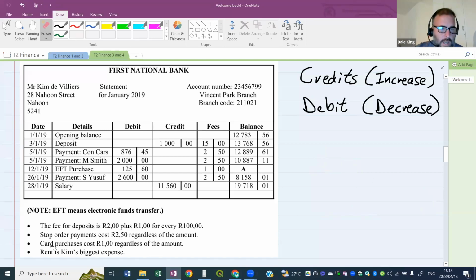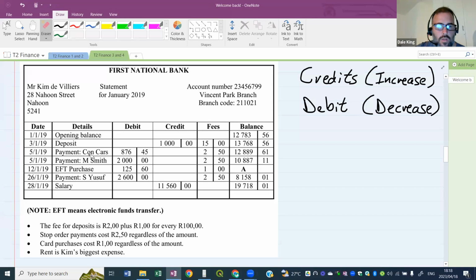Then we go to the second line. Stop order payments cost 2 Rand 50 regardless of the amount. What that means is, doesn't matter how much your stop order is, you're going to get charged 2 Rand 50 as a fee. So let's have a look at an example. In the third row here, there is a payment to Con Cars. That's a stop order payment.